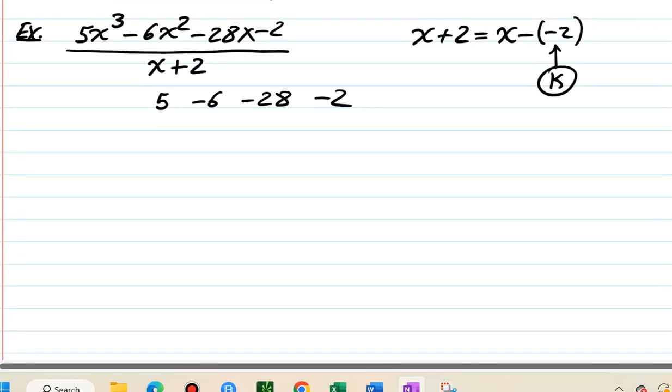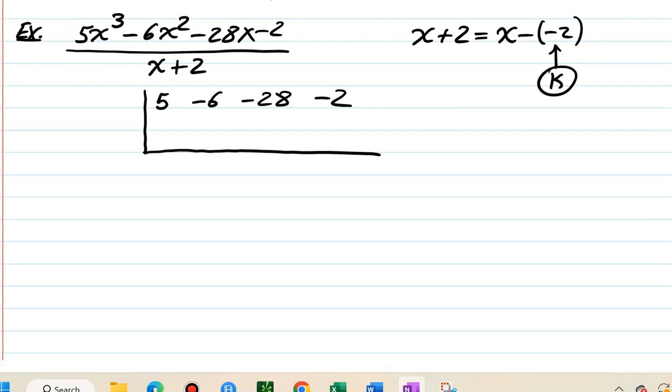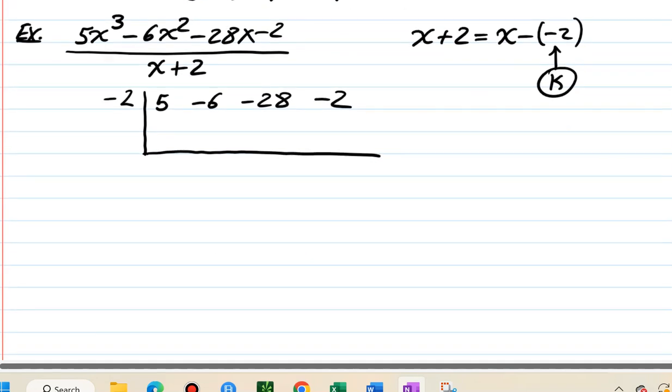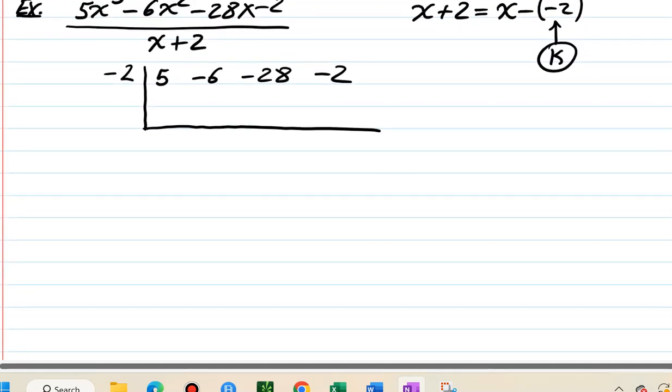So you can't skip over it. Every term must be listed. The missing terms will have 0 in this table. Next, we're going to put our k here, which is negative 2. Not 2, but negative 2, because the form is x minus k. That's important.